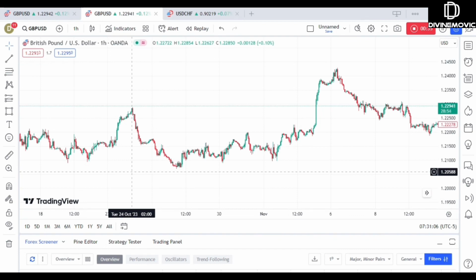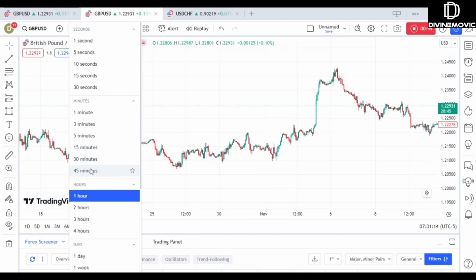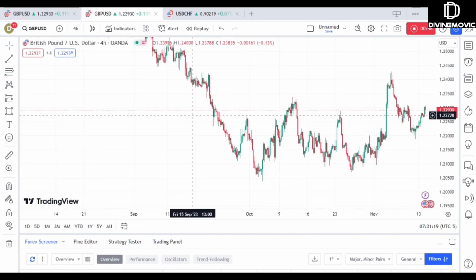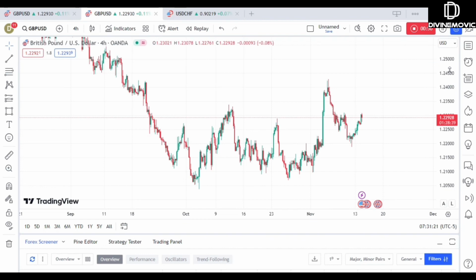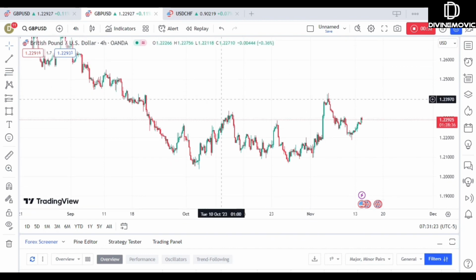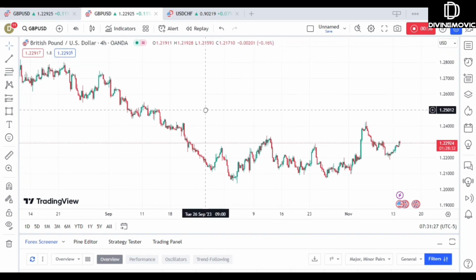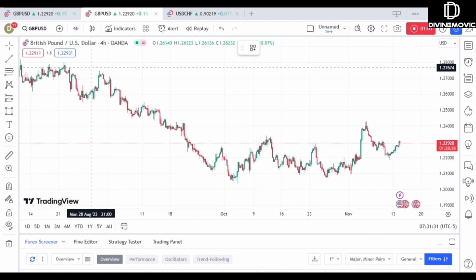Now, for you to be able to identify market structure, I like to use the 4 hours time frame. So I go to the 4 hours time frame here. In the 4 hours time frame, I tend to use my trend line to identify direction, or say the trend of the market.